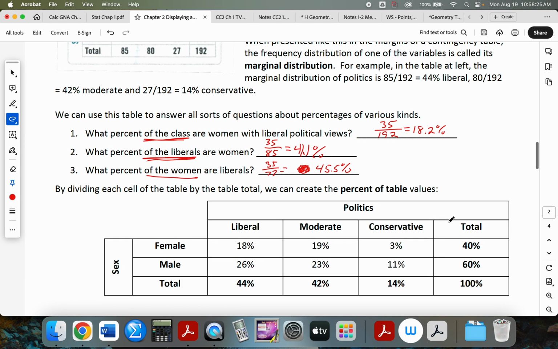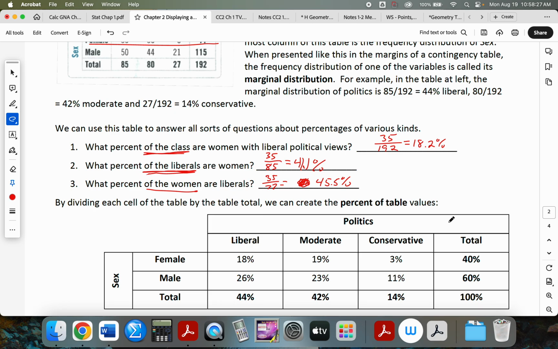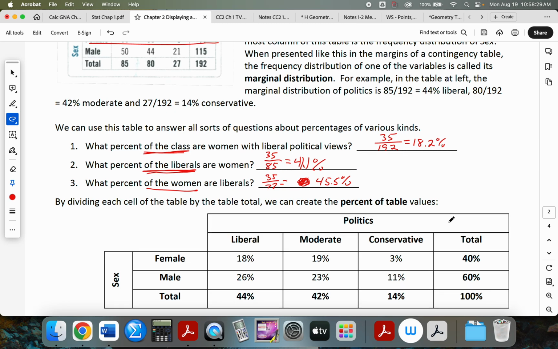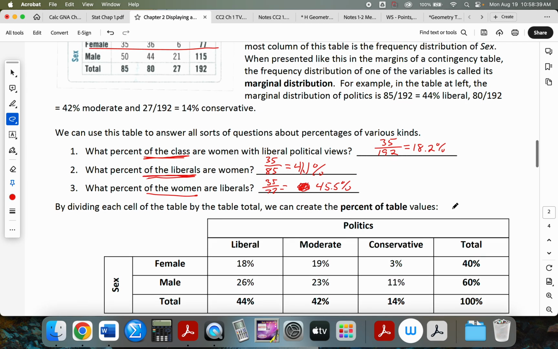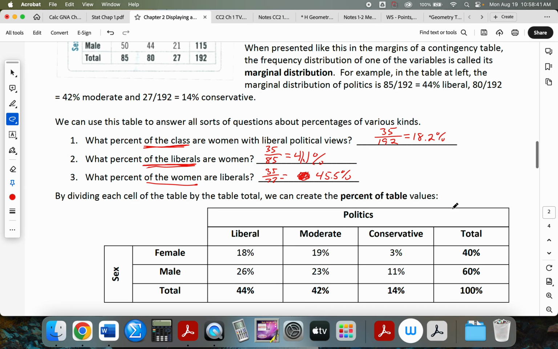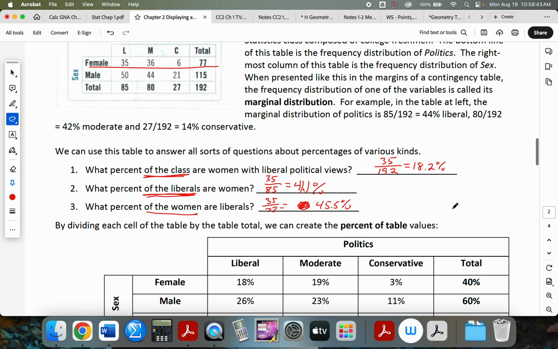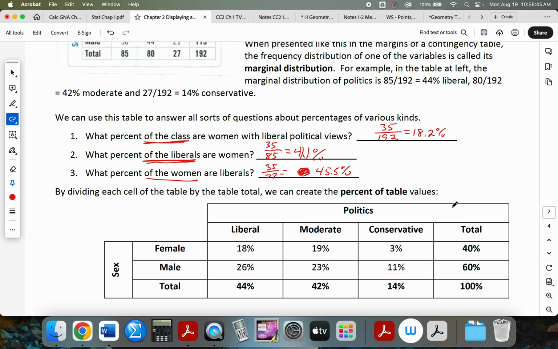So if we take the table and we divide each cell by the table total, we can get percent of table values. And it turns out, if I go back up to here, where I asked what percentage of the women are liberals: of the women, it was 40% of the total, and there were 18% that were liberal.